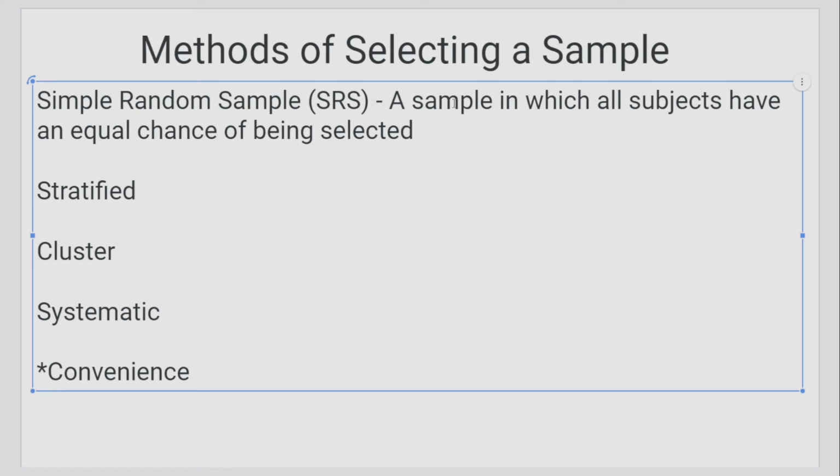So for example, if I have 6 people, I might roll a dice, right? I might just go, you're number 1, 2, 3, 4, 5, 6, and I'm gonna roll a dice. You all have an equal chance of being selected, and that's how I might do it.